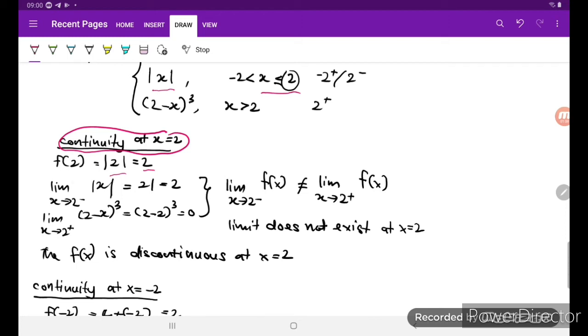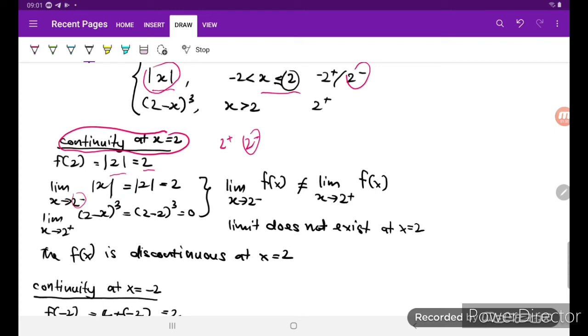And then for the limit, okay, if we want to find the continuity at 2, we have to find the limit at 2 plus and also 2 minus. So we start with 2 minus, limit at 2 minus, okay, of modulus x, because 2 minus is modulus x. Then we substitute 2 inside x, so it will become 2, so the answer is 2.